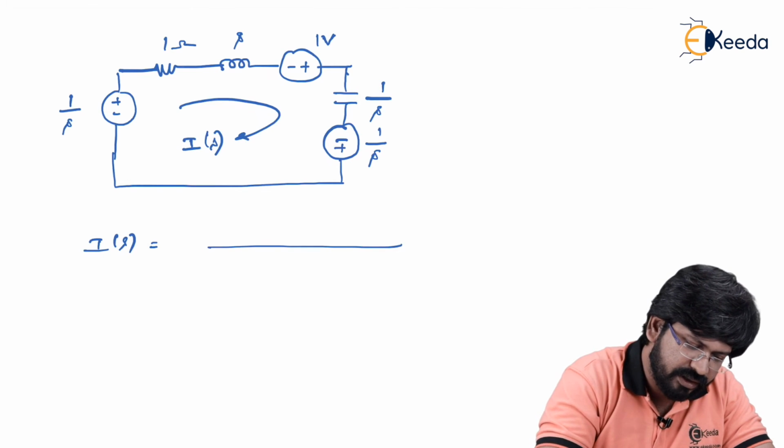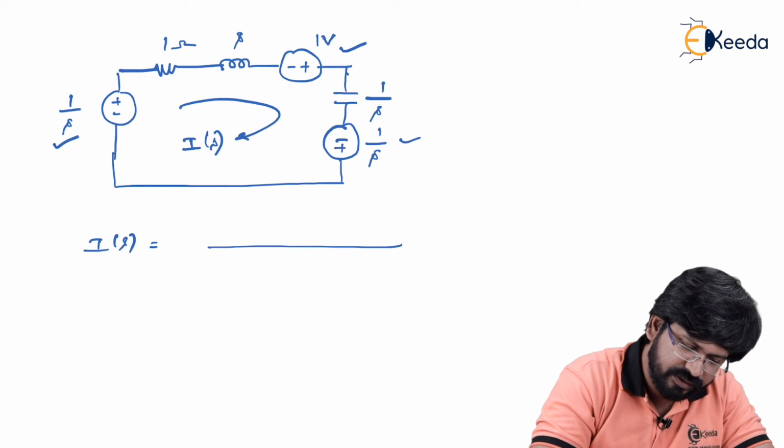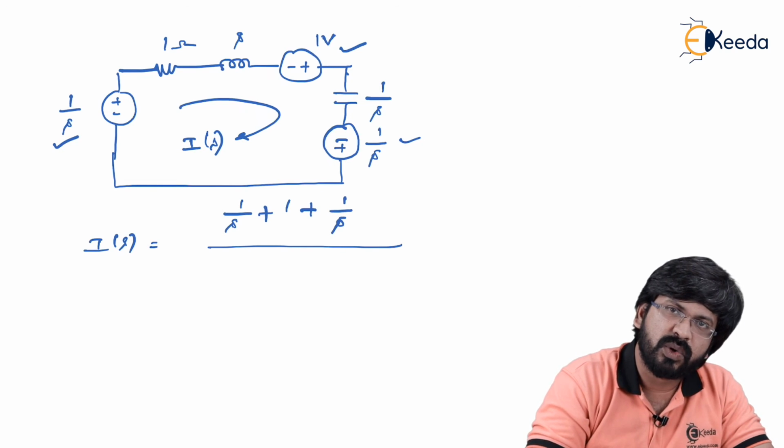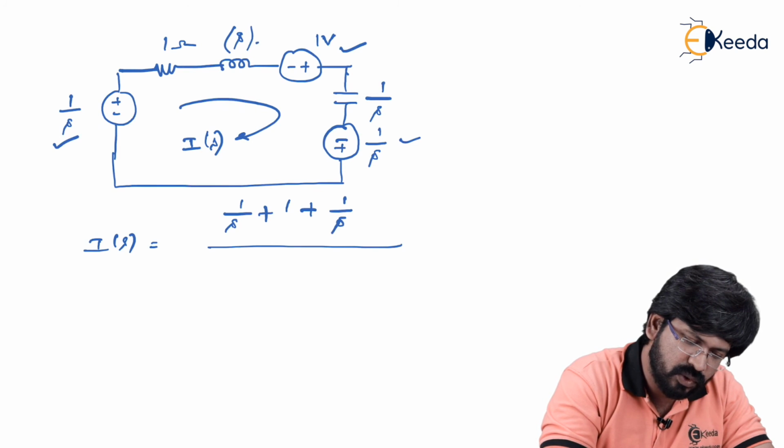So I of S is simply total voltage. Now voltage can be added: 1 by S, 1 volt, plus 1 by S can be added. So it is 1 by S plus 1 by S whole divided by total impedance, which is S ohms, 1 ohm along with 1 by S ohms.